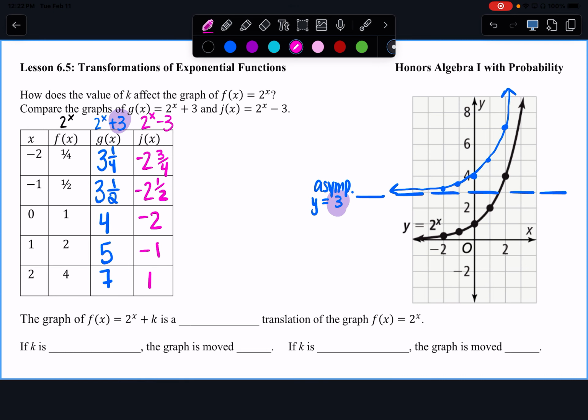So now let's go ahead and put this on here. So we're going to go to -2, then we're going to go down to -2 3/4. Then we're going to go to -1 and -2 1/2. 0, -2. 1, -1. 2, 1. And then we're going to draw on here our graph.